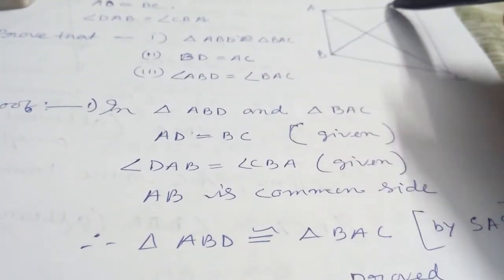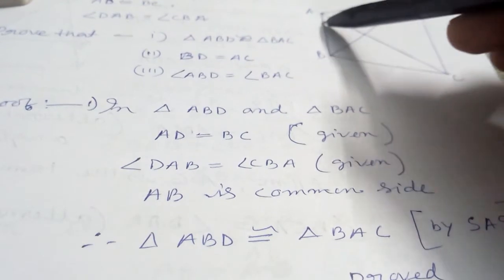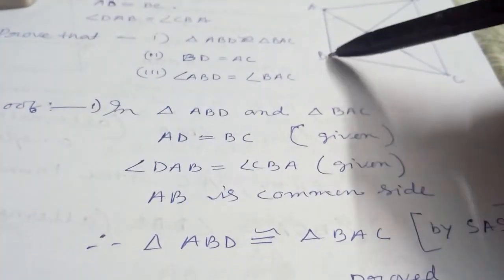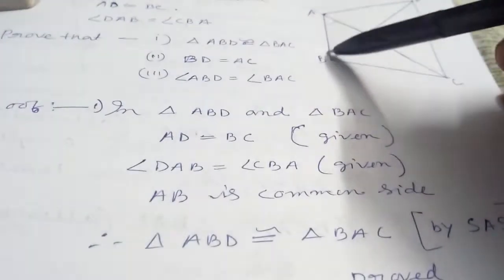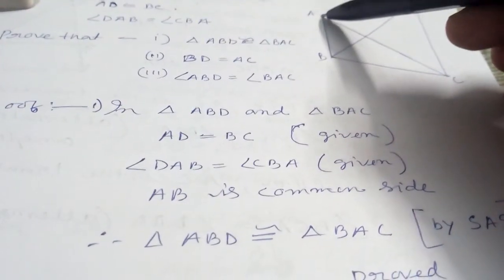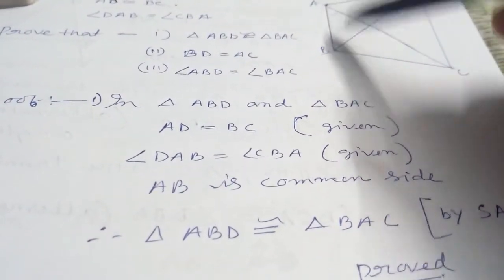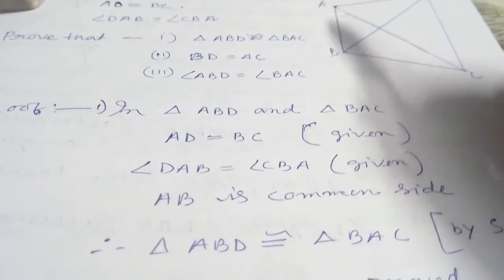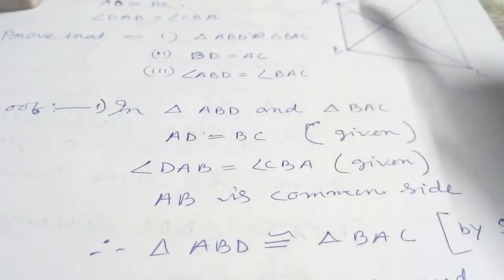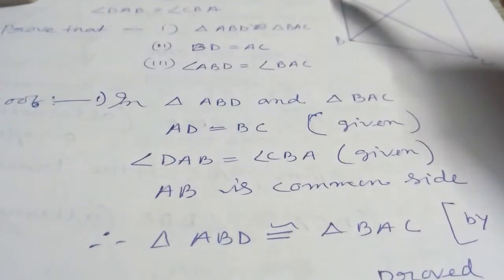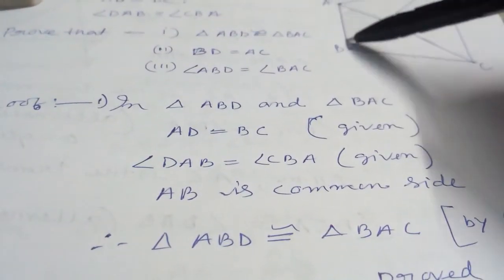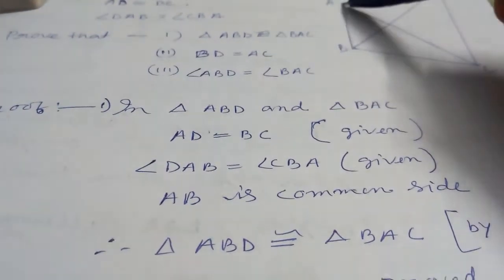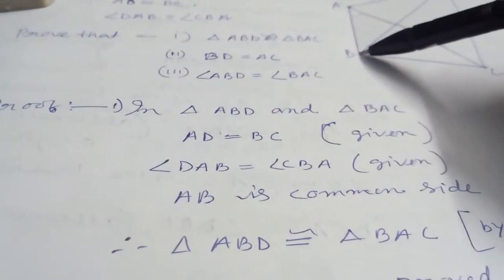So by side angle side, this side and this side are equal, and this common side means AB is common to both triangles. You see, AB is in triangle ABD and AB is also in triangle ABC. So we say that AB is common to both triangles.